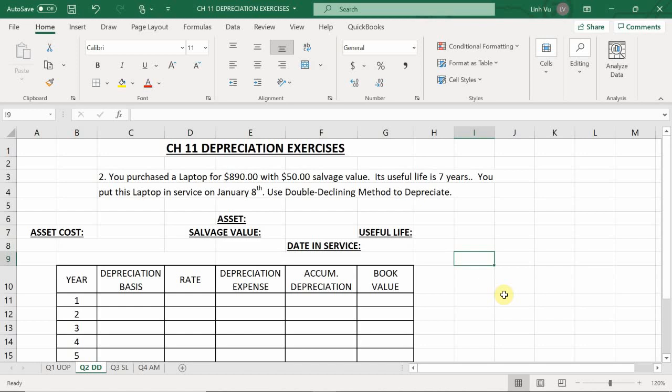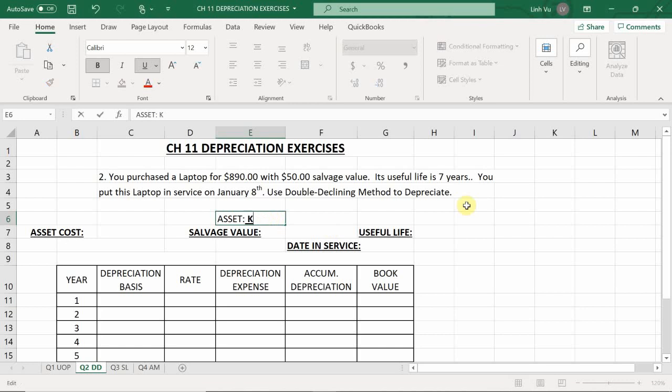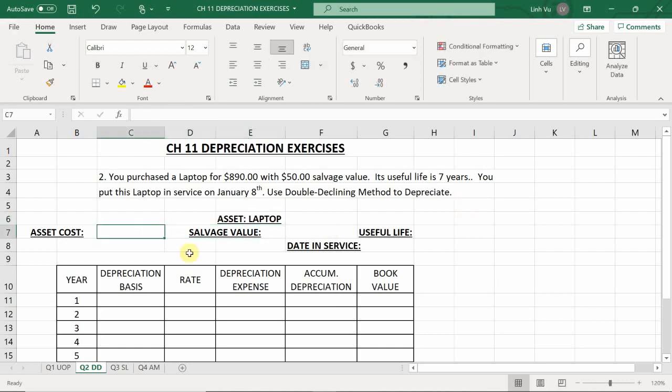Okay, so let's plug all our numbers in here. So again, our information here. In this case, we bought a laptop. Okay, it cost me $890, right? Which we were able to get a salvage value of $50. Okay. And of course, the useful life it has is 7 years.